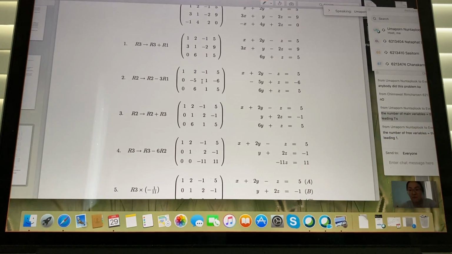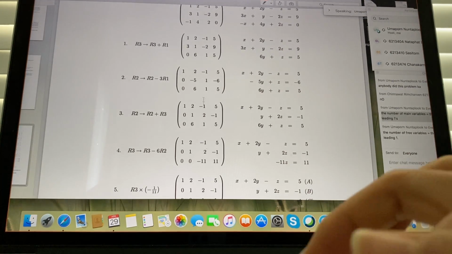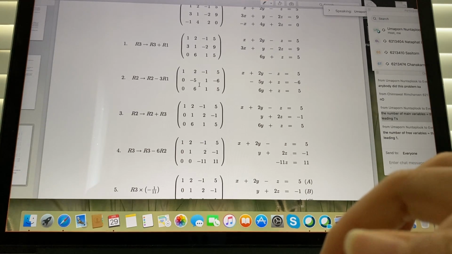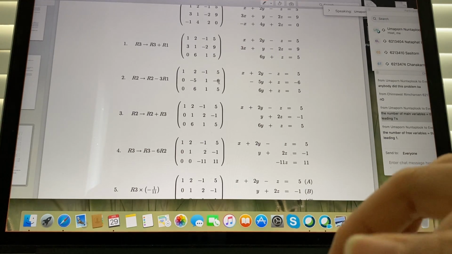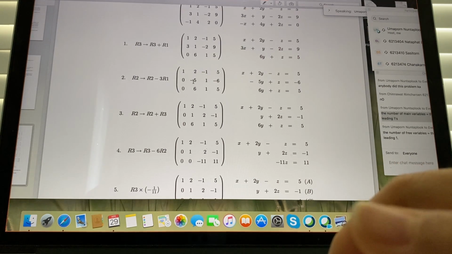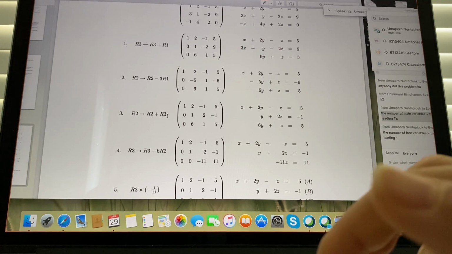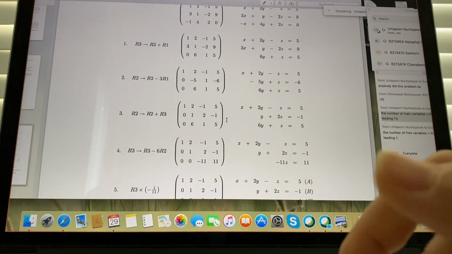If you can avoid dealing with fractions, let's do it. Otherwise, you can easily make typos when adding or subtracting two fractions, right? So here, if you add the last two rows together, this term can be 1 easily. So in R2, we just take R2 plus R1, and this is what we got.